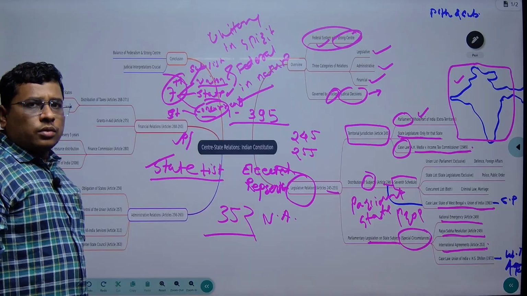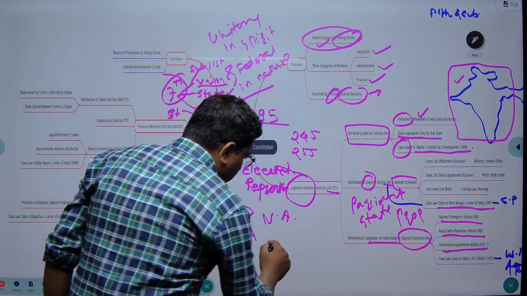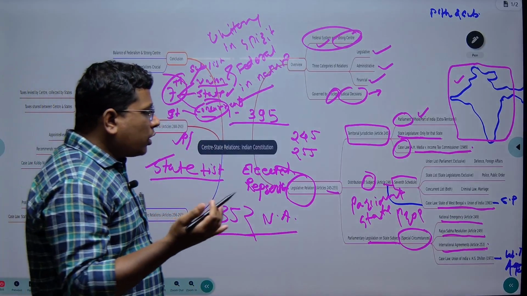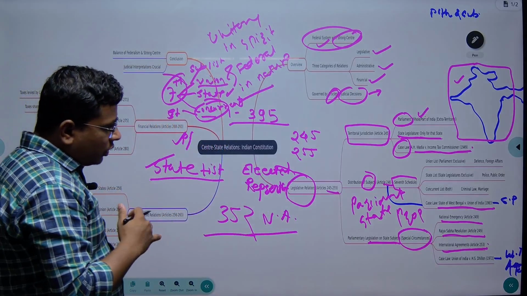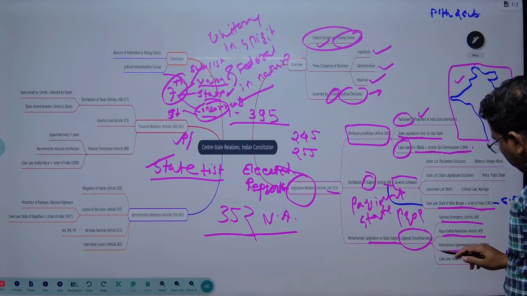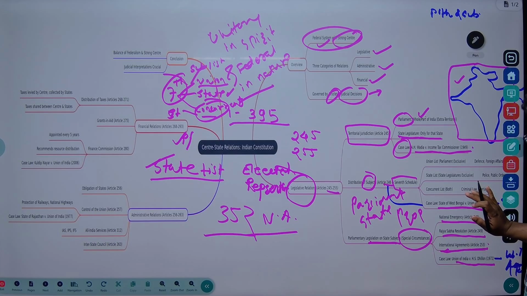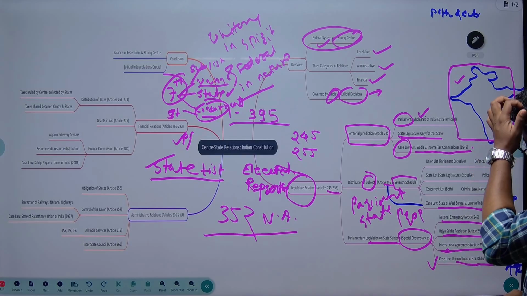To make laws in accordance with a foreign state, if the parliament needs to make laws on the state list, the parliament has a right to make laws on the state list for international agreements, to fulfill the demands of the international agreements. Here is a case law, Union of India versus HS Dillon. Remember this case law.